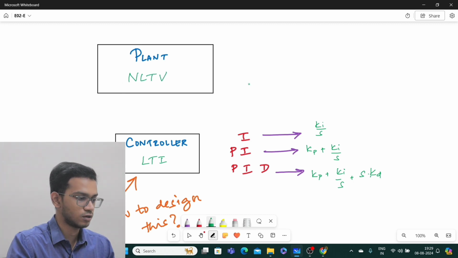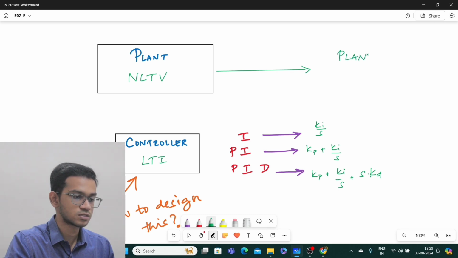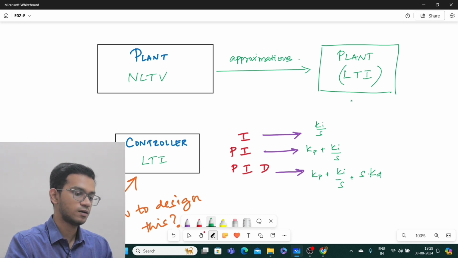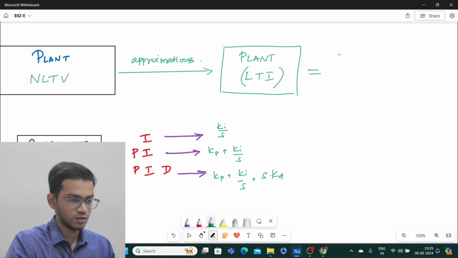So what we do first is we convert this non-linear time variant plant into a plant which is linear time invariant in nature. How do we do this? By using some approximations. At the end of the day, we obtain a transfer function.